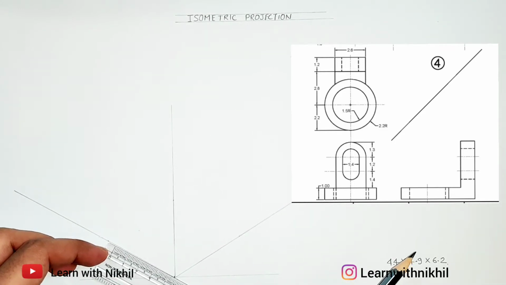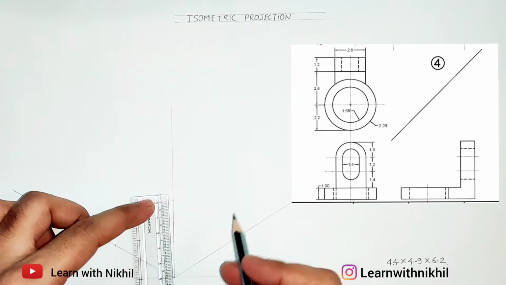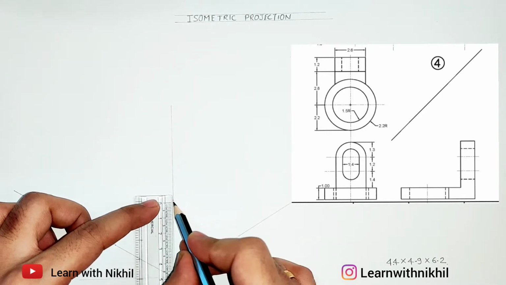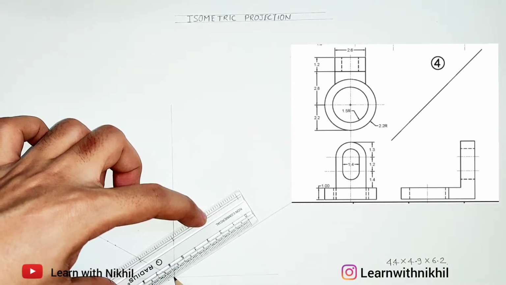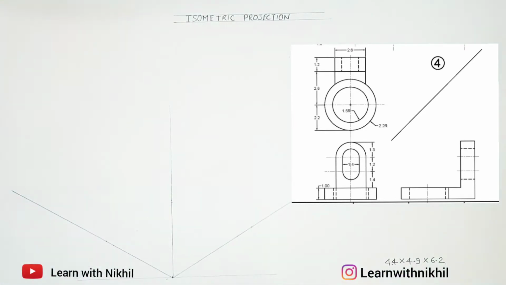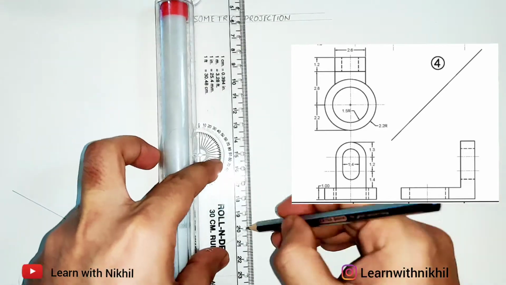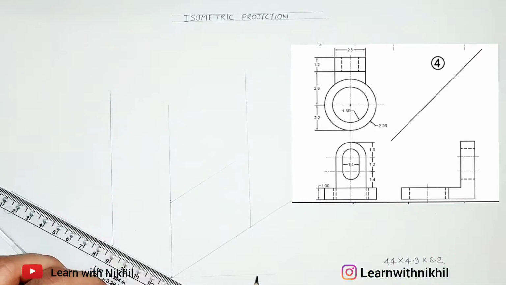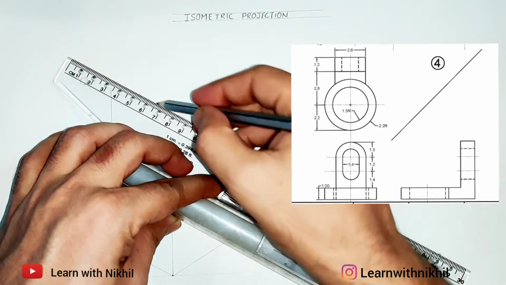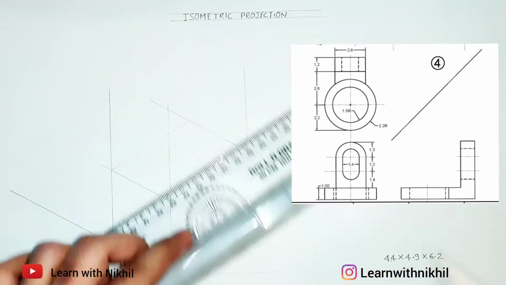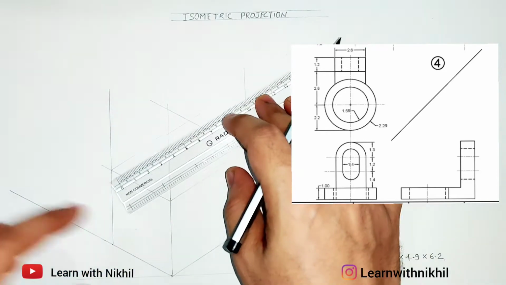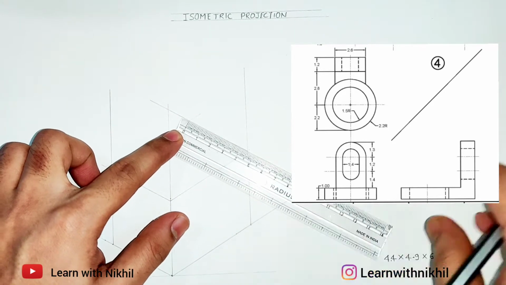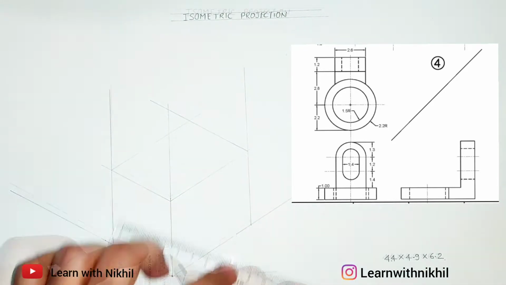So I'll mark the dimension, that is 4.4, height is 4.9 and the depth, side view, is 6.2. Now through these points we'll make a rectangular box, drawing parallel lines. After drawing the box, just check whether the dimensions are properly mapped. Now we can move forward.